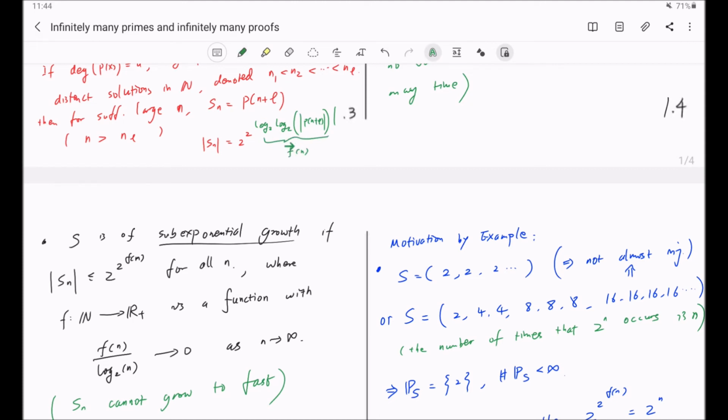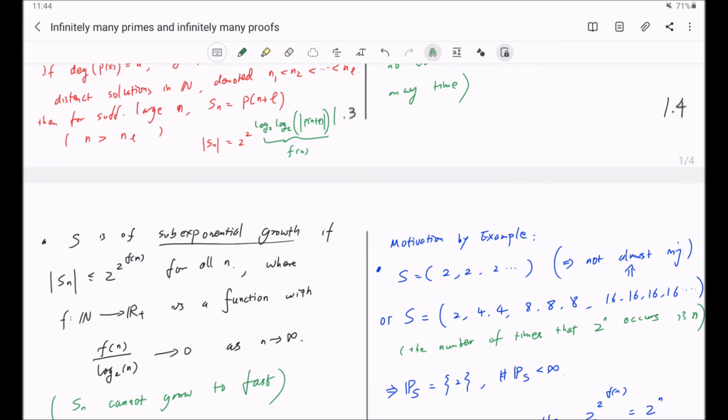You know, log 2 of this divided by log 2 of n will go to 0 as n goes to infinity. Just by calculus.